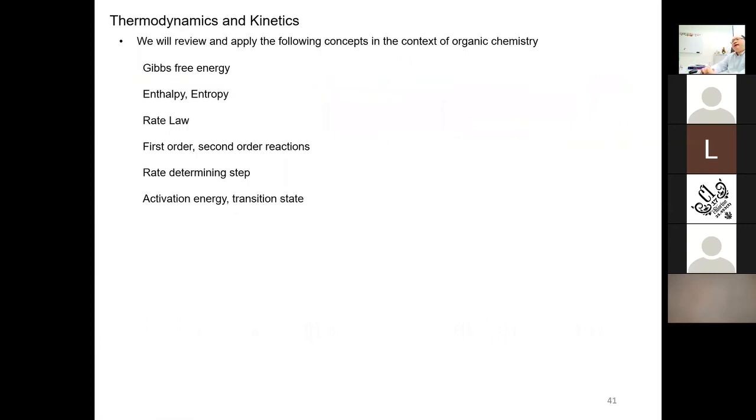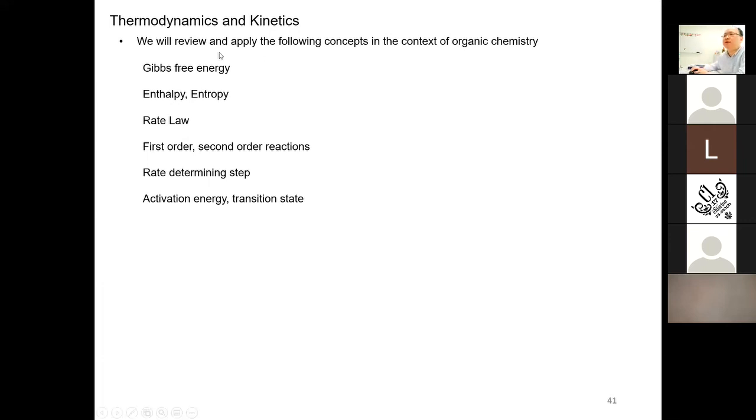Okay, so after we learn how to draw the reactions, we also need to briefly review thermodynamics and kinetics, and we are going to teach you something new about these two concepts in the context of organic transformations of carbon-based compounds. So we will review and apply the following concepts.